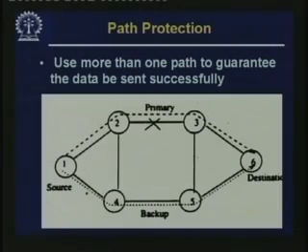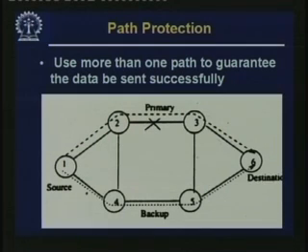So, first let us talk about path protection. It uses more than one path to guarantee the data is sent successfully. If you look at this graph, we have a 6 node graph where 1 and 6 are communicating, and on the top through the dashed line we show the primary path, which is the primary connection between 1 and 6. Now, what might happen is that the link between 2 and 3 might snap due to some reason. We have already got a backup route which is calculated through 1, 4, 5 and 6.